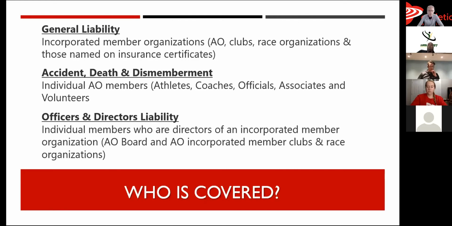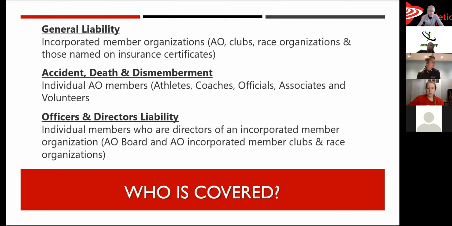So your AO clubs, your race organizations, and also anybody that's named on insurance certificates. Oftentimes, when you're holding an event, like for instance at the Toronto Track and Field Center, we have to name the City of Toronto on the insurance policy, which then covers them under our insurance plan. Most organizations will ask for that whenever you're looking at renting a facility from them.